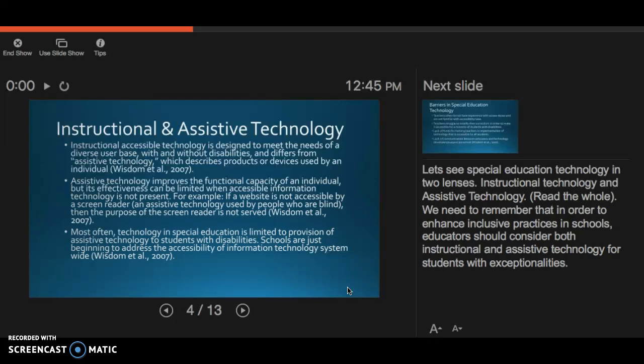We need to remember that in order to enhance inclusive practices in schools, educators should consider both instructional and assistive technology. Assistive technology alone cannot improve the functional capacity of an individual. Its effectiveness depends on how accessible the information or the instructional technology is in classrooms.